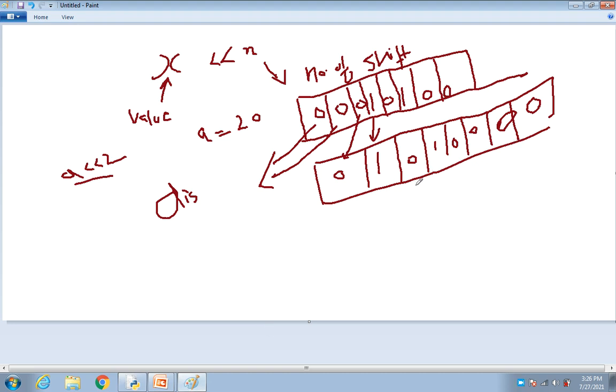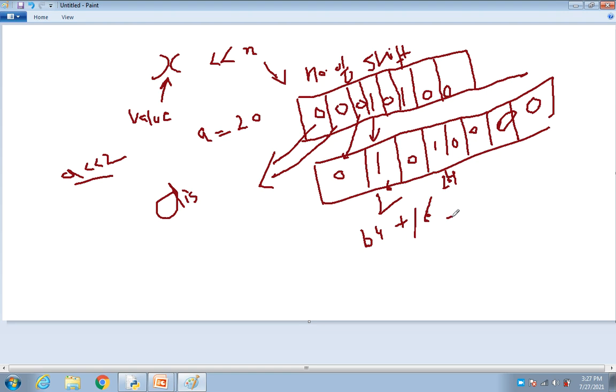This was 2 raised to power 6, which is 64, and 2 raised to power 4, which is 16.